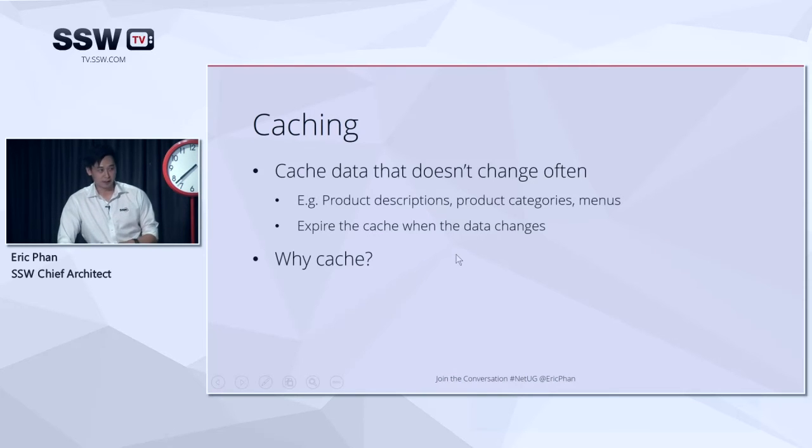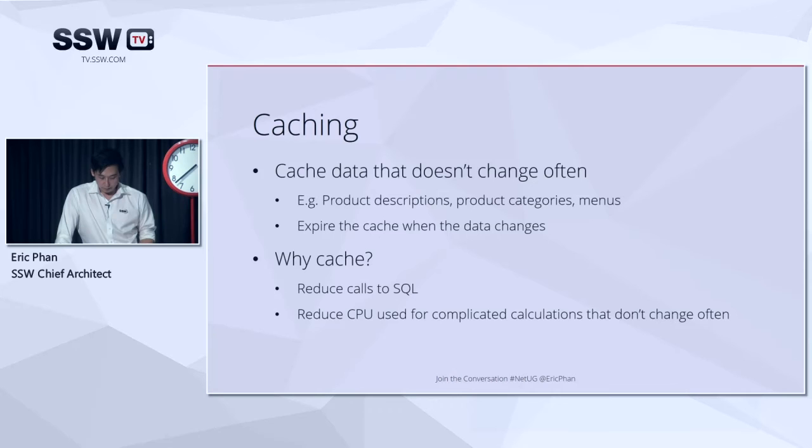Unless it's really bad and you've got some sort of swear words or something completely wrong. But that's another problem. So why cache? If you cache, you reduce the number of calls to SQL because you've basically got the answers and it's just returning them straight away, bypassing any calls to SQL, any sort of calculation logic. Reduce the CPU if there's complicated logic. And like I said before, it's basically a cheat sheet for your answers.